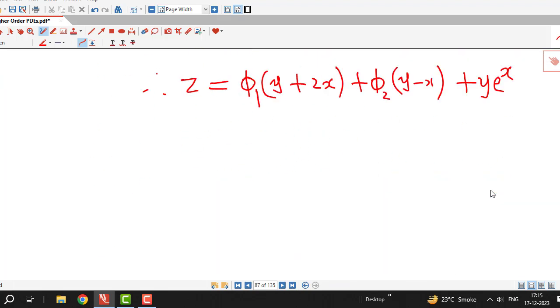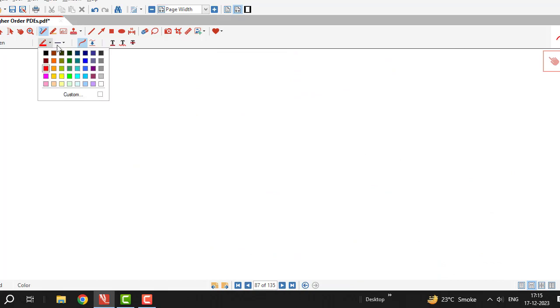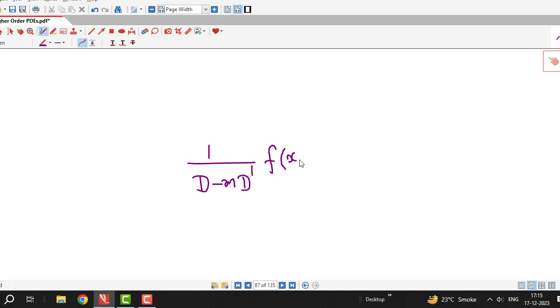So remember this method. This is an easy method. If you don't want to apply shortcut method, and if you are comfortable with this method, then you can use this formula for any function on the right hand side. There is no limitation.